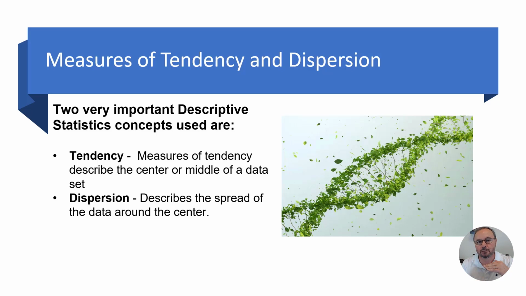So if we have a mean or median and we have basically what is called a dispersion around that center, then that is going to be how we want to approach what is called tendency. So dispersion, on the other hand, is going to describe the spread of that data around the center.